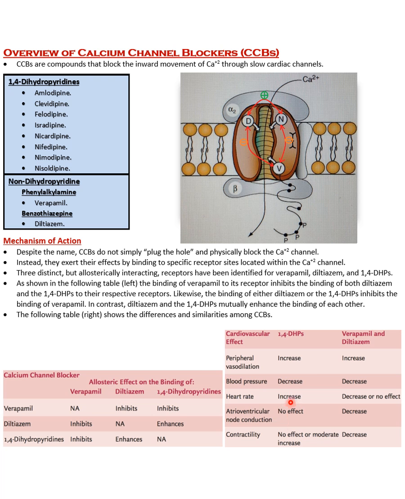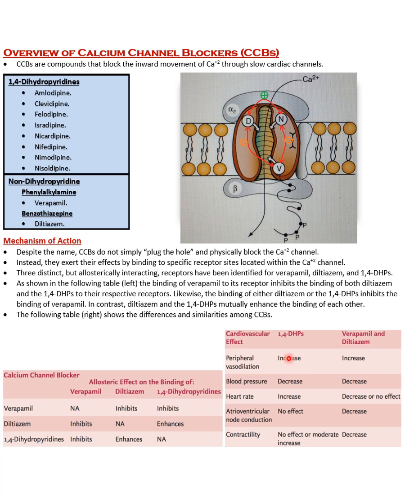The reason these 1,4-dihydropyridines increase the heart rate and may increase the contractility, the force of how the heart contracts, is due to the sympathetic reflex. In other words, it's due to what's called reflex tachycardia.